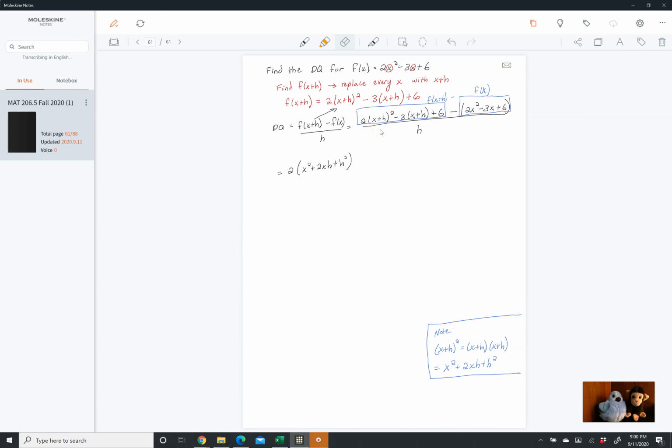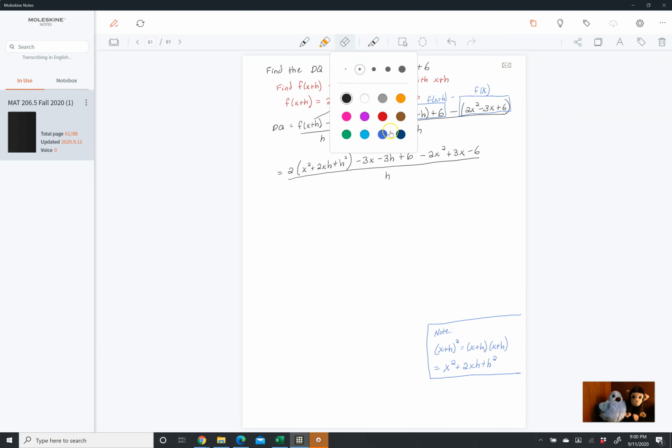So we get minus 3x minus 3h plus 6. And then we have to distribute this minus sign. Minus 2x squared plus 3x minus 6. And this whole thing is over h. So what we did here is we distributed the minus sign.